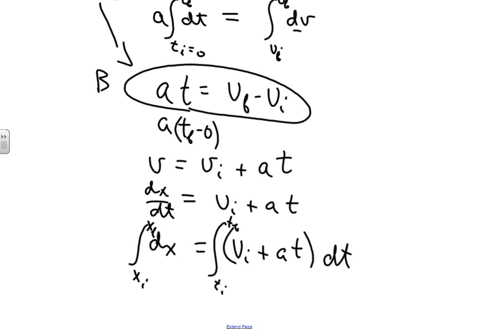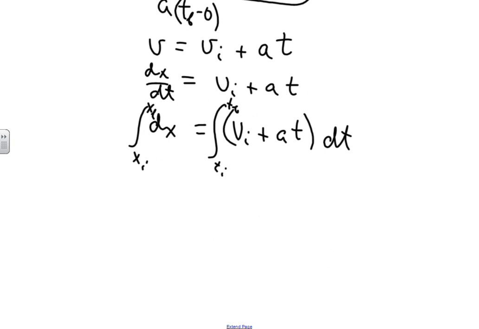And if I integrate that, I end up with x final minus x initial, because the integral of dx is x, and then you plug in the top limit and the bottom limit. And then over here, v initial dt is v initial times time, plus a t, and then t squared over 2.